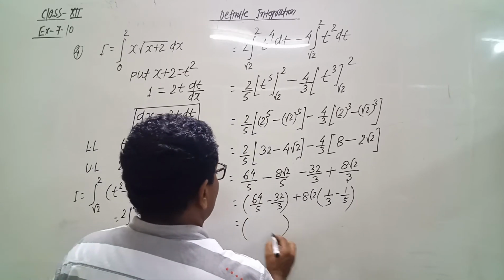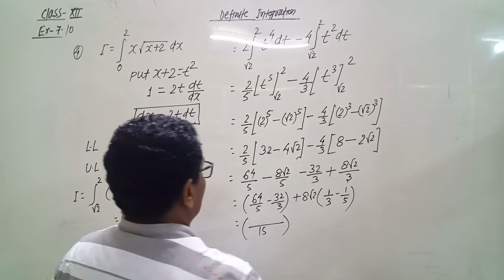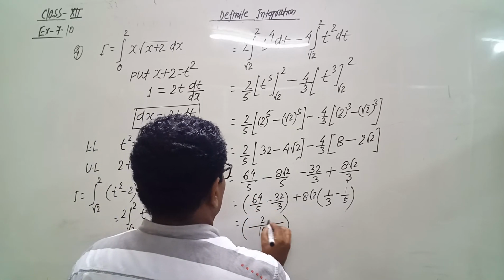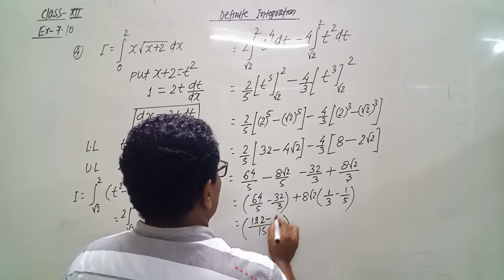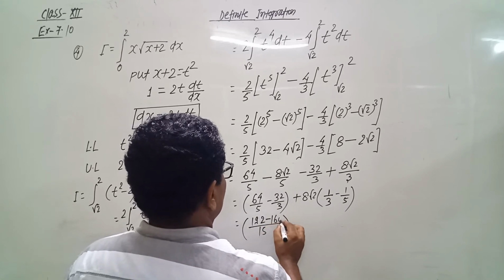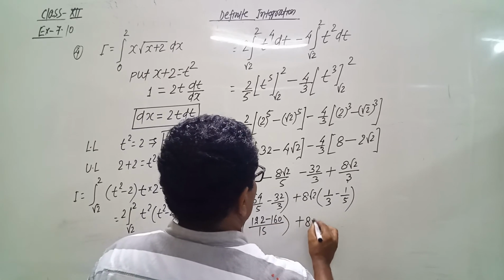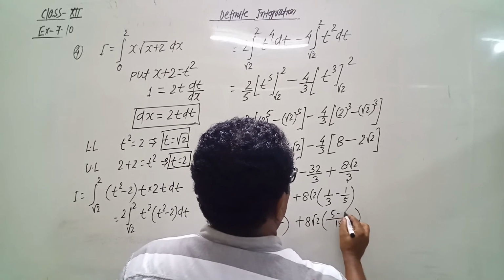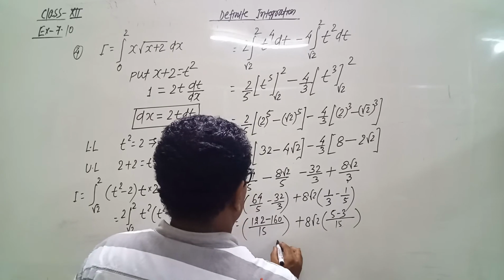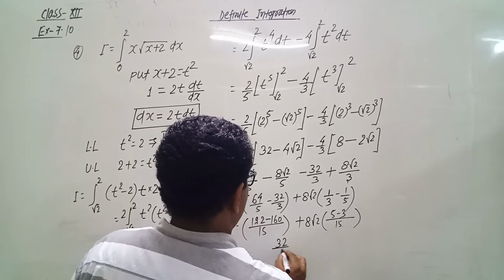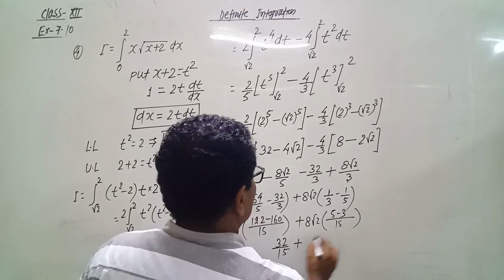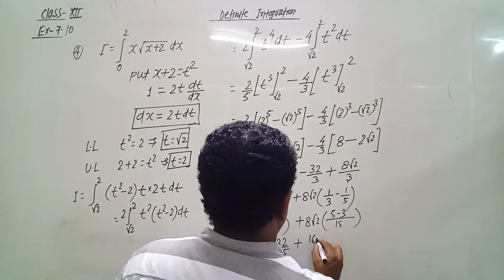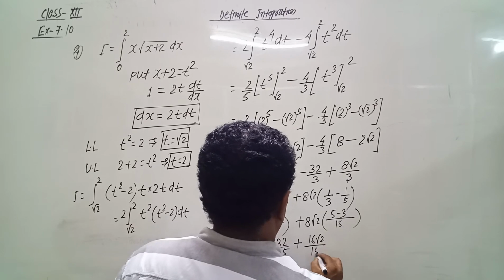Then LCM 15. 15 divided by 5 is 3, 3 multiplied by 64 is 192, minus 160, plus 8 root 2. LCM 15, 5 minus 3. Then we get 32 by 15 plus 2 into 8 root 2, that is 16 root 2 upon 15.